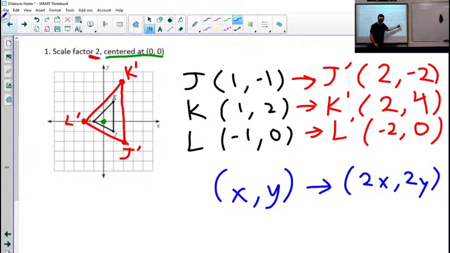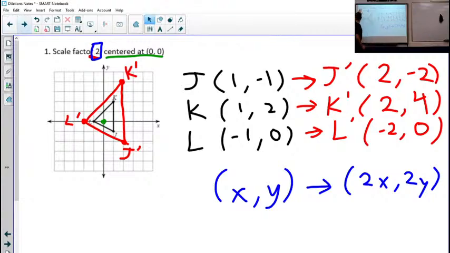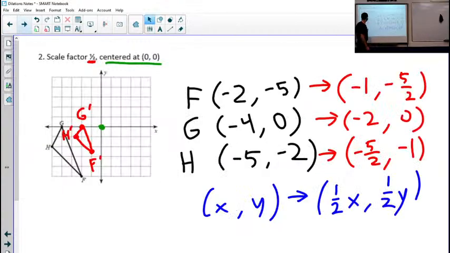So why did I use 2 here when I used 1/2 on the other problem? It's because this time the scale factor was 2. So on the graph I took all my distances and doubled them. On here, I took all my distances and coordinates and cut them in half. So the pattern that you're going to use is to take all of the distances and multiply them by the scale factor.